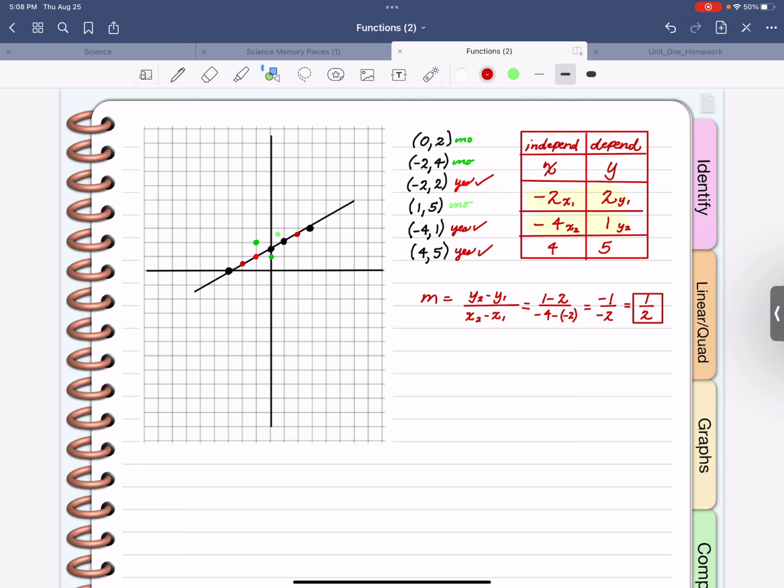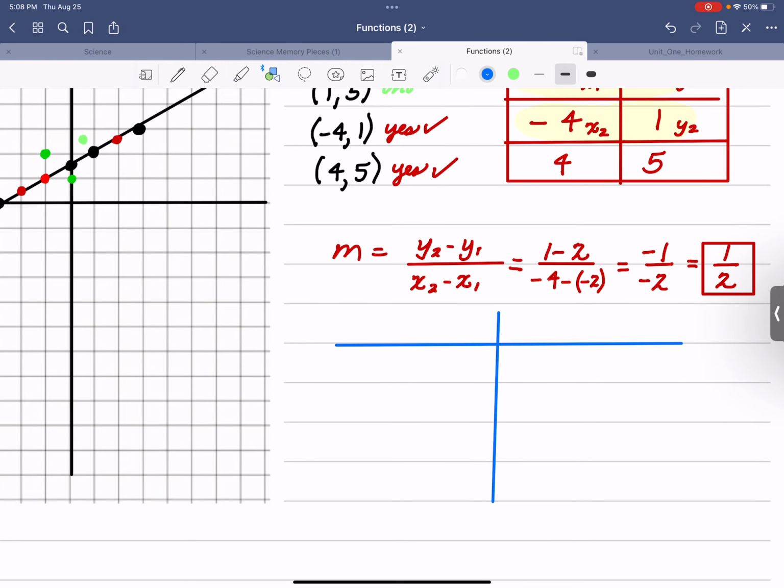And since I have a point and a slope, you know I have to. Point slope. Remember what it looks like. Y minus y1. We're wearing the point slope outfit here. We know slope is a half. We know we need an x, and we know we need a y.